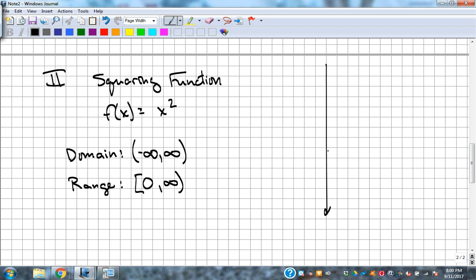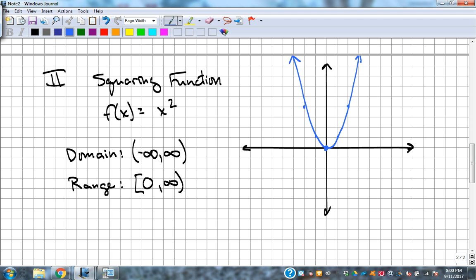The squaring function, it's easy to see where it gets its name because it's x squared. You're squaring x. Nice little parabola shape is what that is.